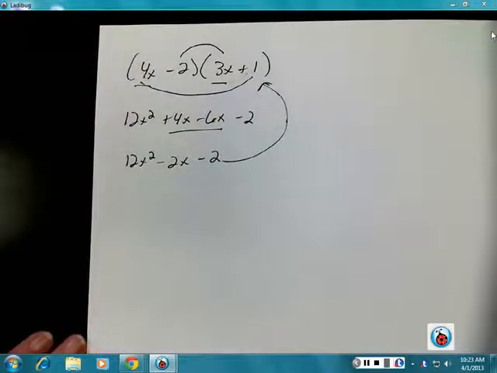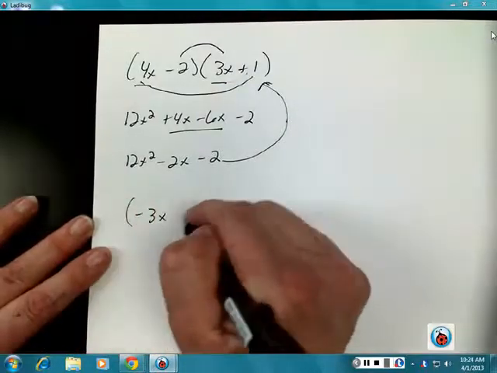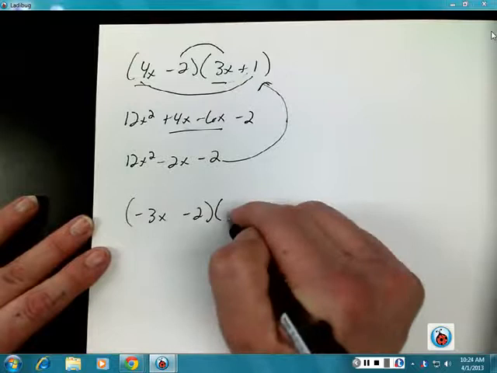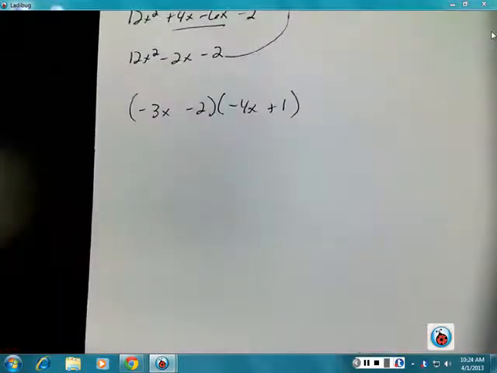How about negative 3x minus 2 times negative 4x plus 1? What do we get? Work it out. See what comes out of that one.